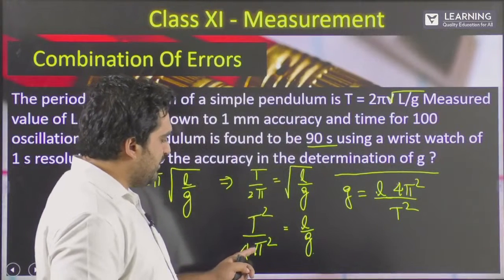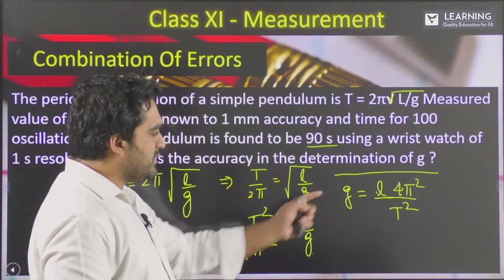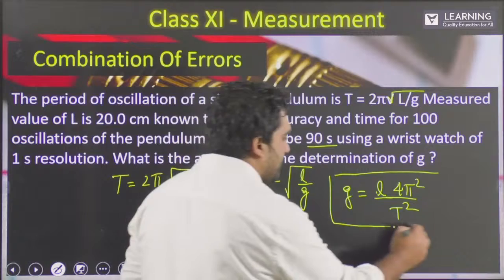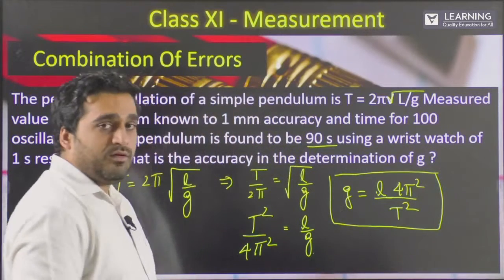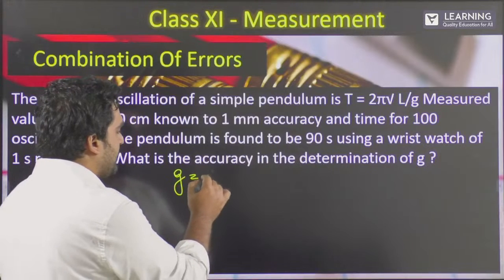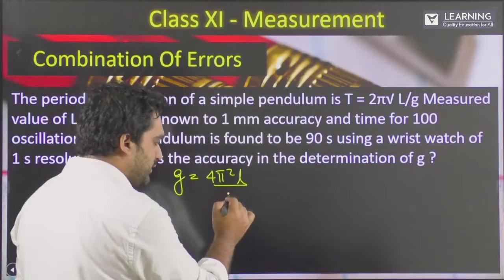Okay, so I've moved that to the numerator and that to the denominator, and this is what you get. Keep this in the box. We're going to use this, where G equals 4 pi square L by T square.